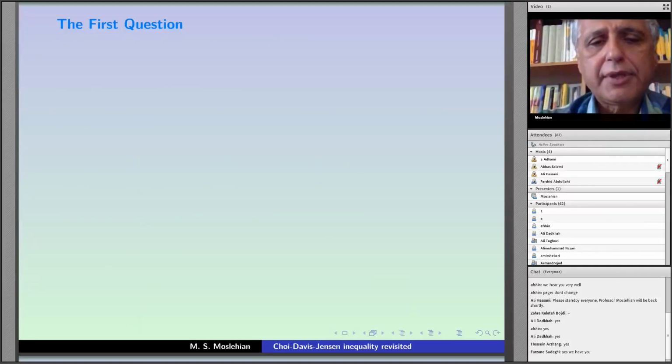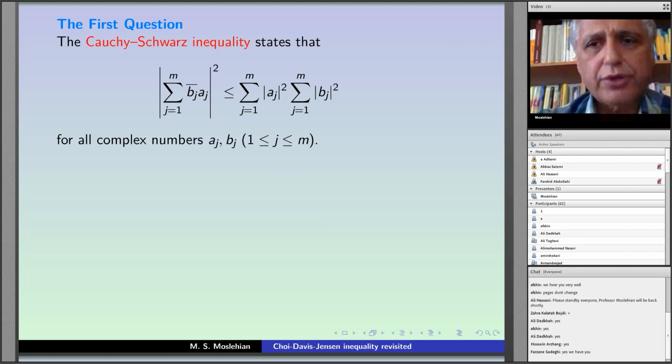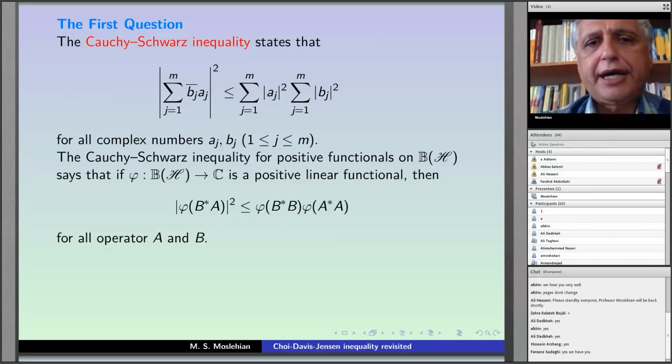The first question. The Cauchy-Schwarz inequality states that the left side is less than or equal to the right side for all complex numbers aj and bj. The Cauchy-Schwarz inequality for positive functionals on B(H) says that if phi is a positive linear functional on B(H), then we have this.